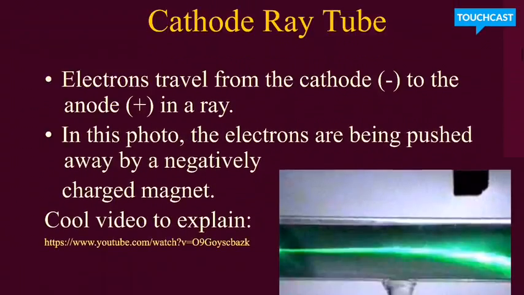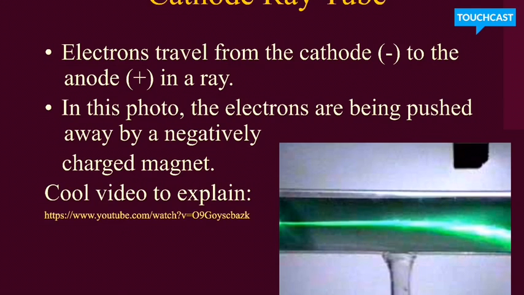Using his cathode ray tube, he would empty a tube and create a vacuum. He would pass an electric current from one end of the tube to the other end. And lo and behold, he had this beautiful luminescent ray that would extend from one side to the other.